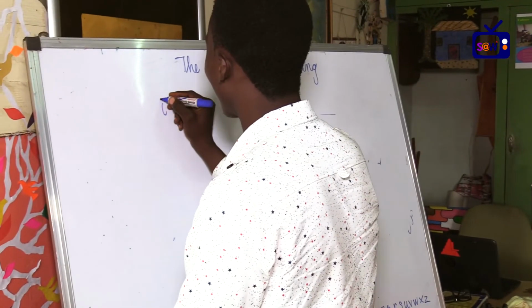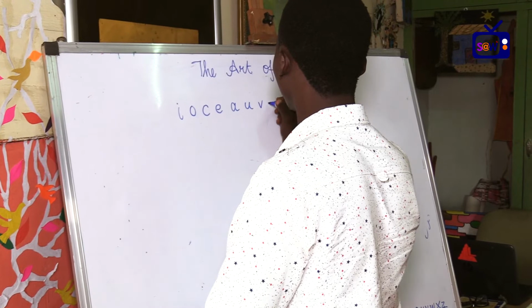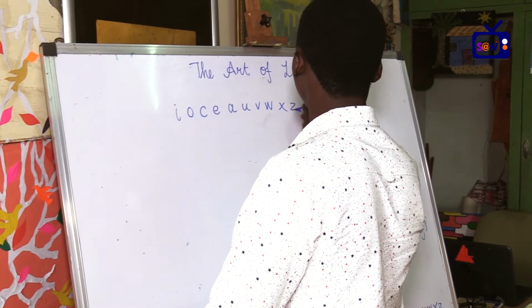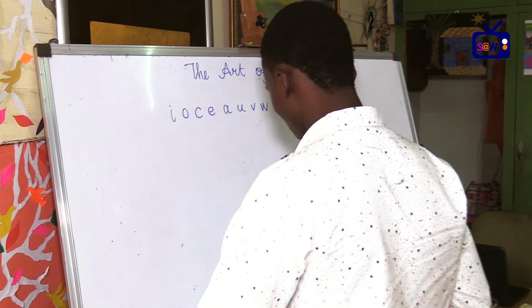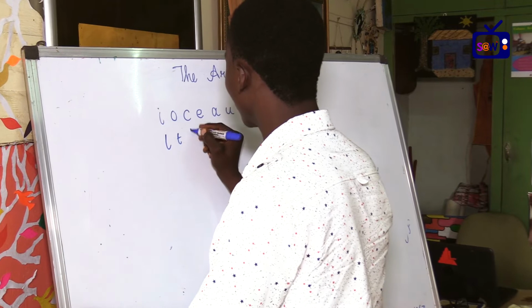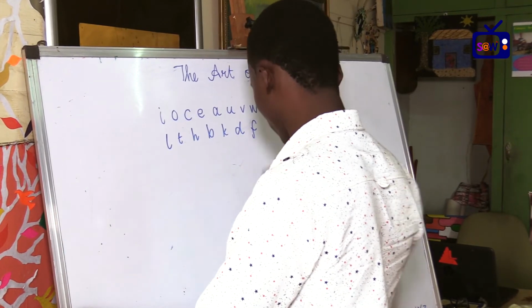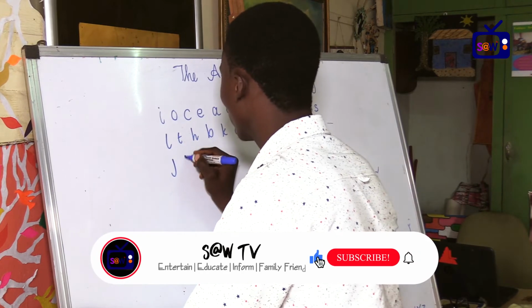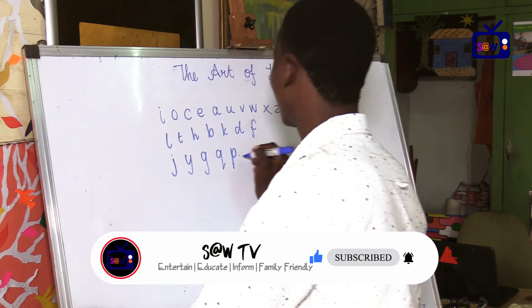We have I, O, C, E, A, U, V, W, X, Z, R, N, M, and S. For letters with on, we have L, T, H, B, K, D, and F. And for letters with tail, we have J, Y, G, Q, and P.